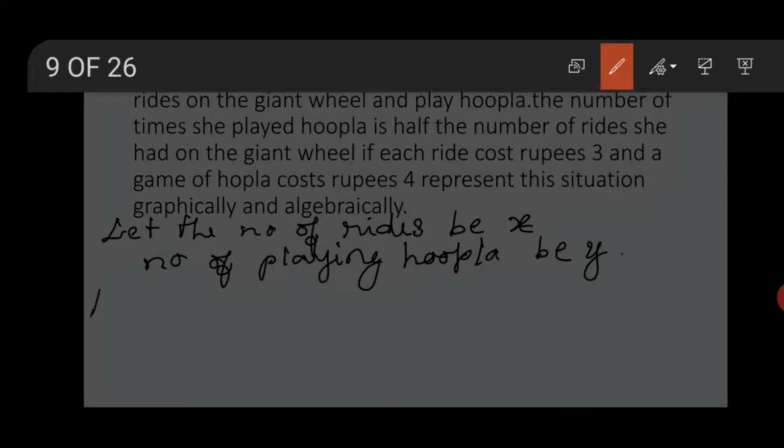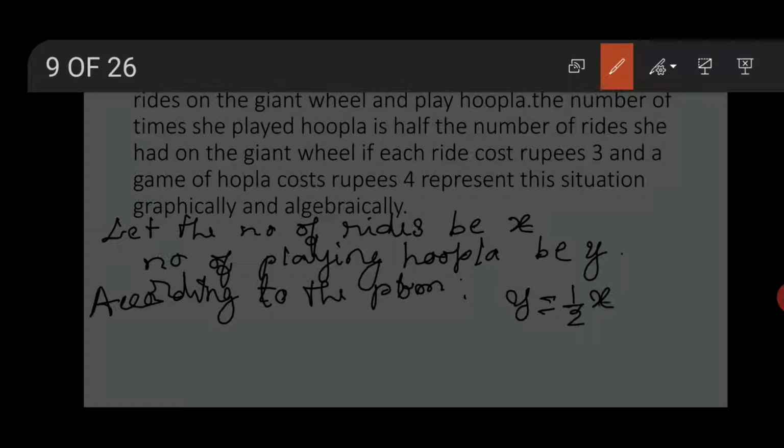What is given according to the problem? The number of times played hoopla, y, is equal to half the number of rides, x. So y is equal to 1 by 2 x.